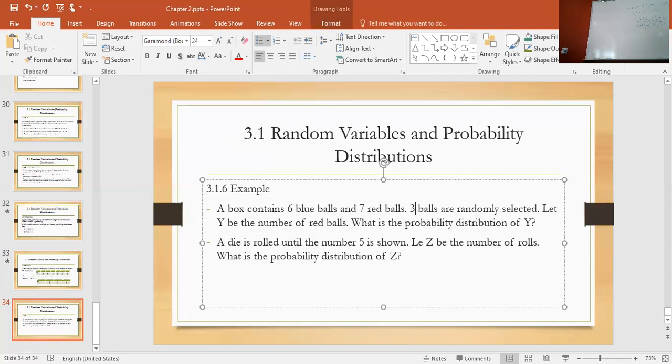It's good for me to write 3 in letters. So we have 13 balls, and how many do we want to select? We will randomly select 3 balls. So we have 13 combination 3. This is 13 factorial over 3 factorial times 10 factorial.